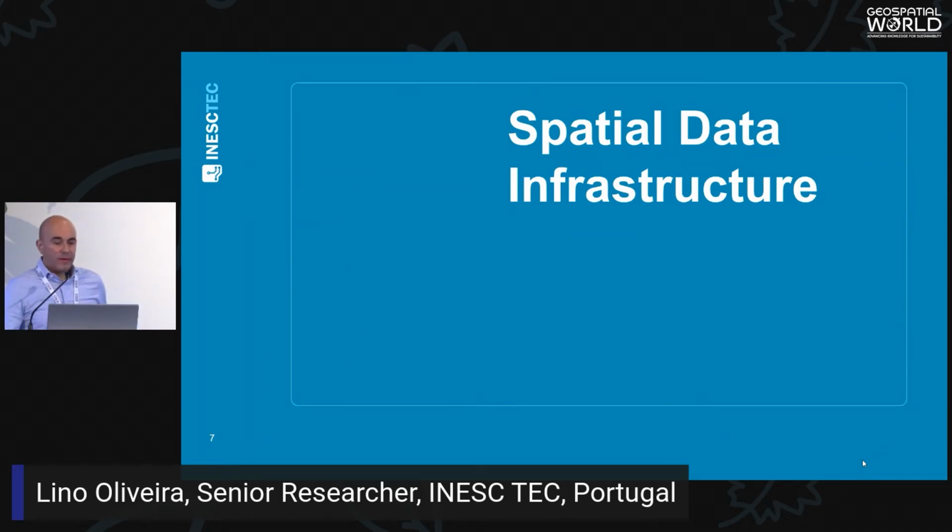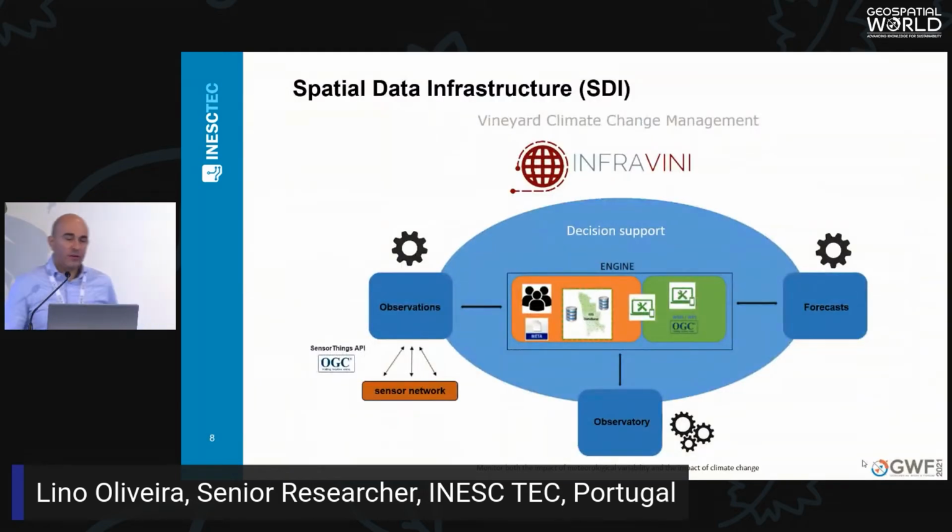So about the spatial data infrastructure, the big picture. Well, we started with what we called the SDI engine. That's where we have the main components and the users, the metadata, the local databases, and of course the main applications.